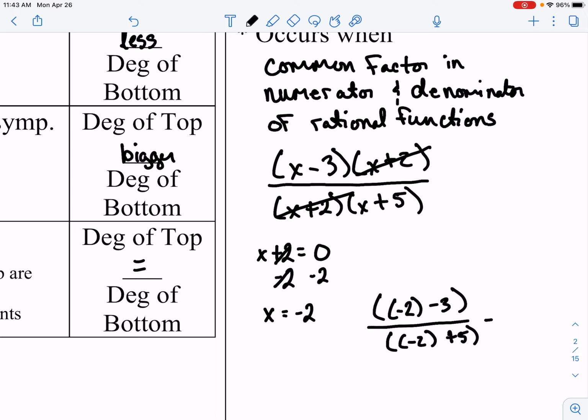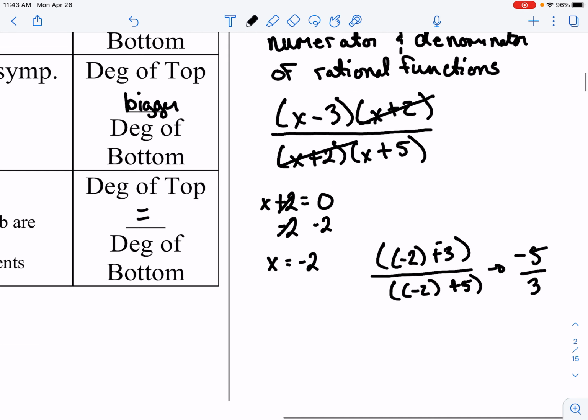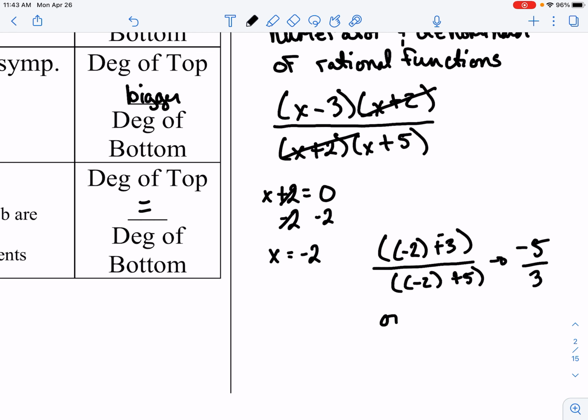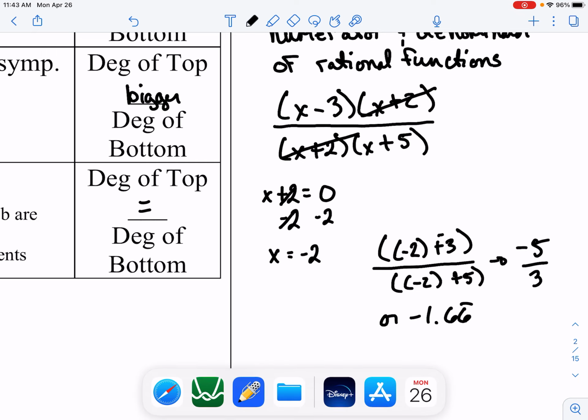So it'll be negative 5 over 3, or negative 1.66 repeating. So this will be our point of the hole.